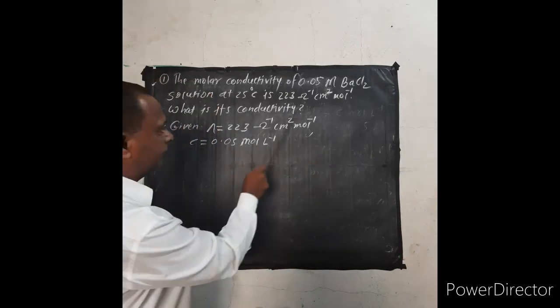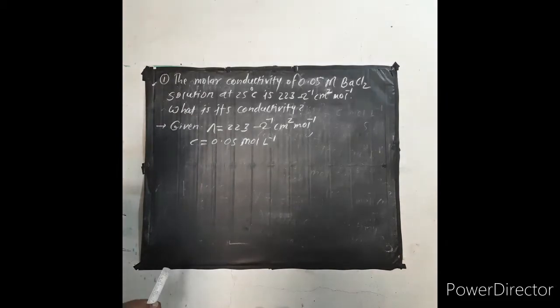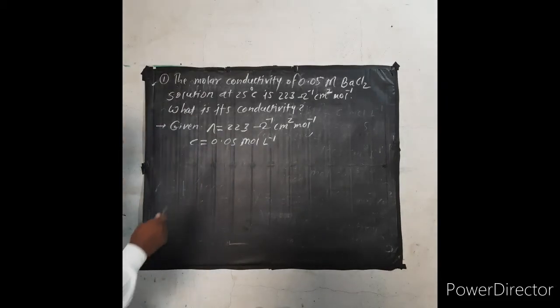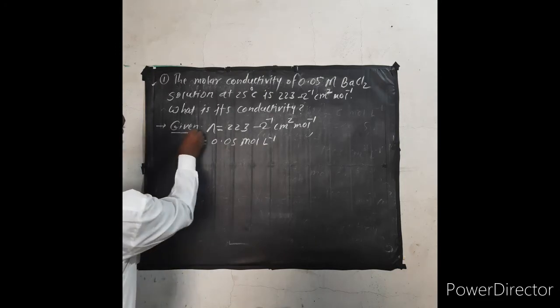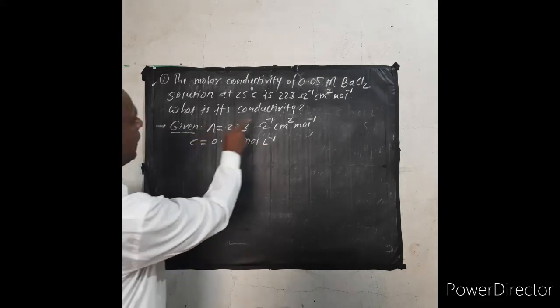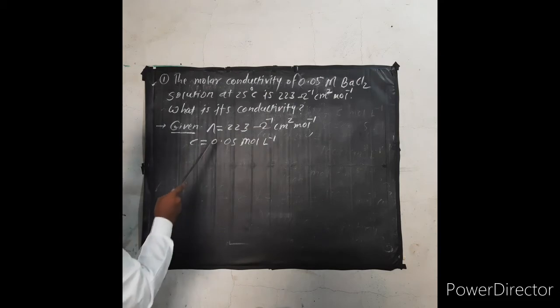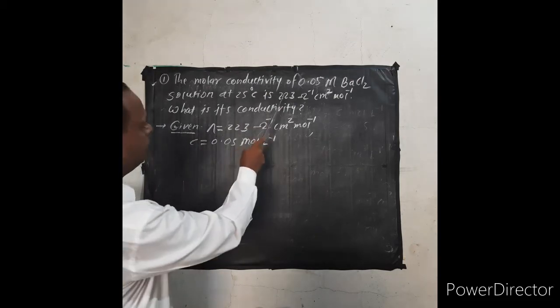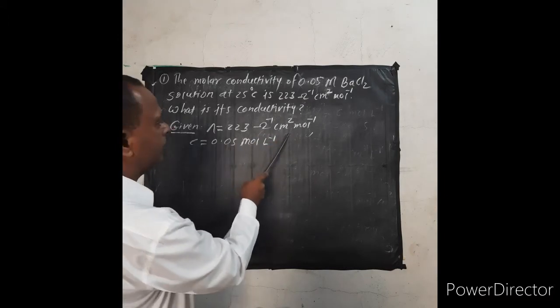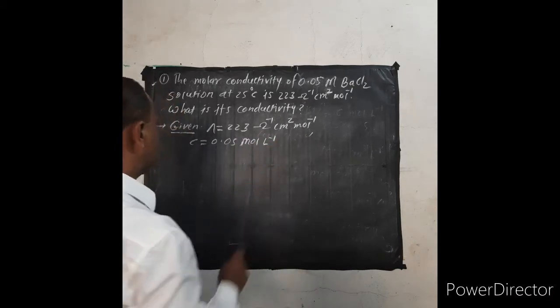What is its conductivity? Given is the molar conductivity, denoted by lambda, equal to 223 ohm inverse centimeter square mole inverse.